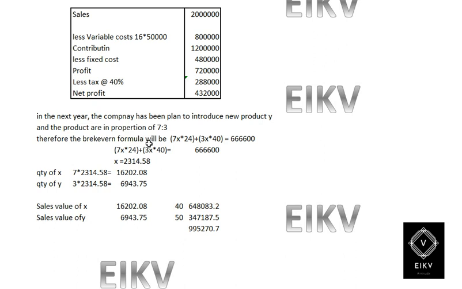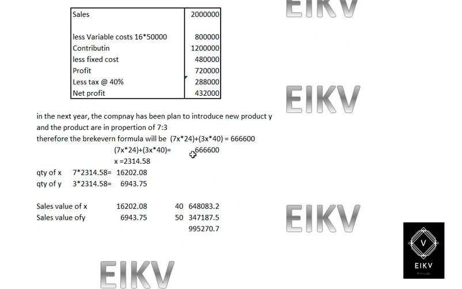Therefore, the break-even formula will be 7x into 24 plus 3x into 40. 7x means 7 is to 3 is the proportion and x is the common factor, so 7 times x into 24, where 24 is the contribution per unit of product X, plus 3x into 40, where 40 is the contribution of product Y, which will give the break-even point of 6,66,600.